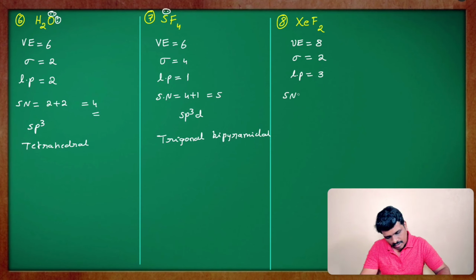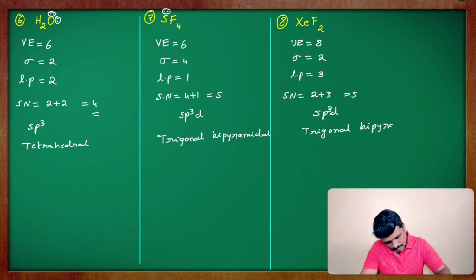So the steric number will be equal to 2 plus 3, which is nothing but 5, and the hybridization will be sp3d, and the structure will be trigonal bipyramidal. Correct? Trigonal bipyramidal will be the geometry or structure of the molecule. Let us consider few more examples.